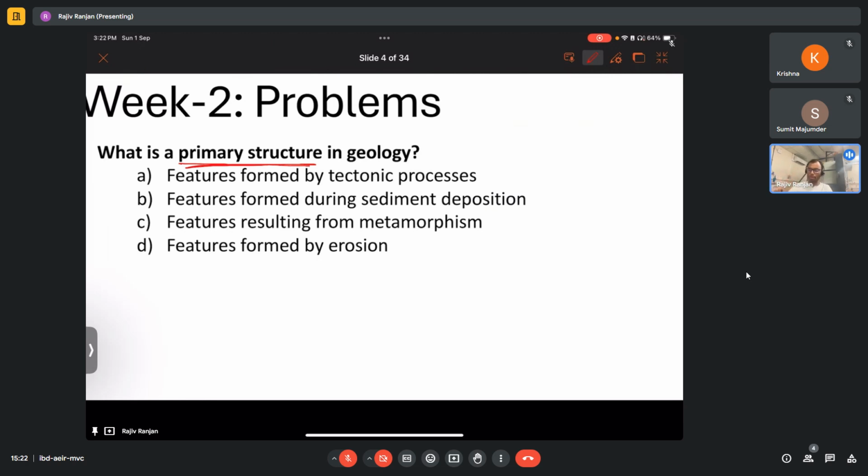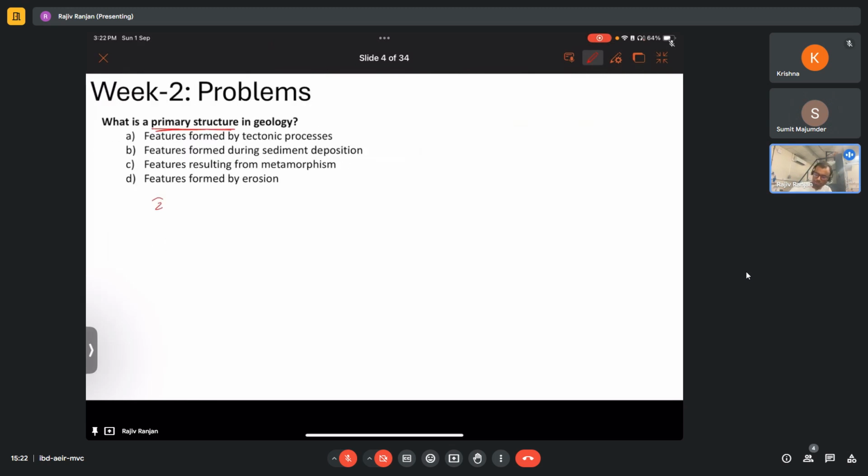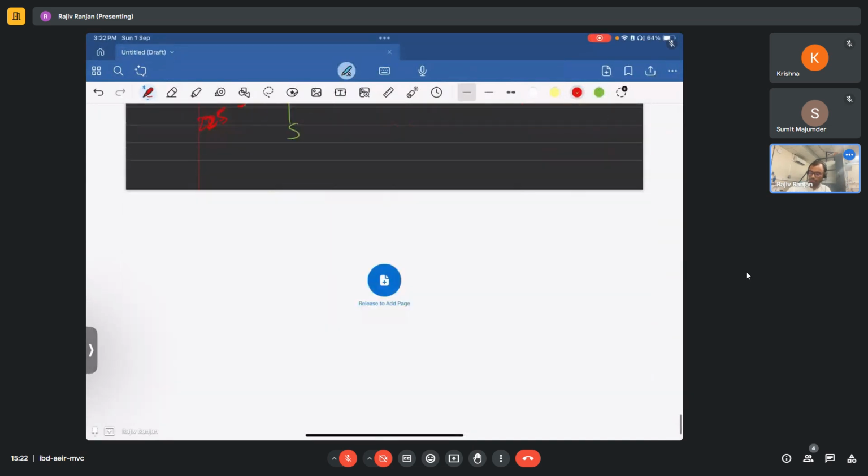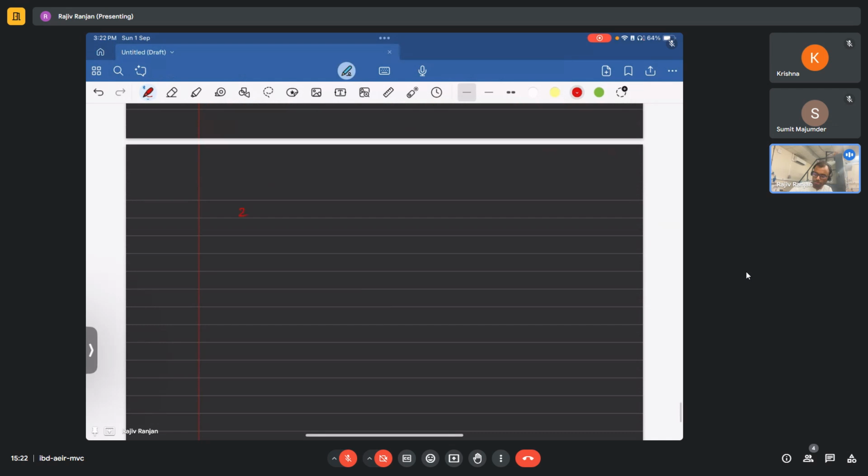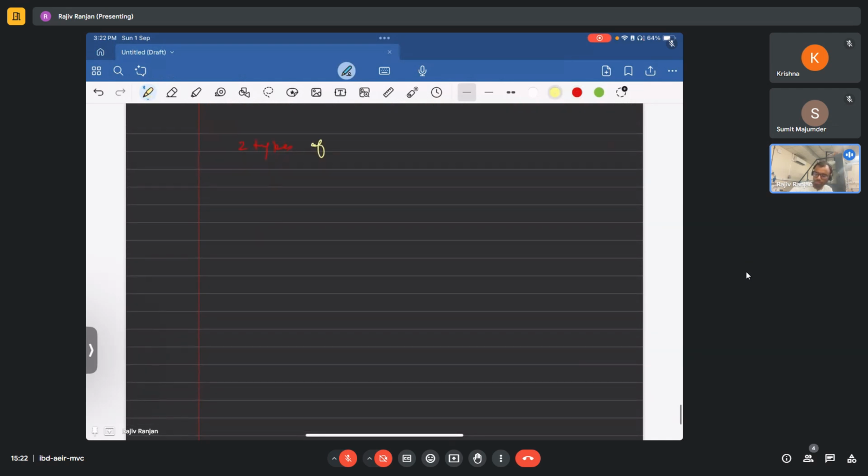It should be option A, tectonic process. So there are two types of structures: first, primary, and second, secondary.